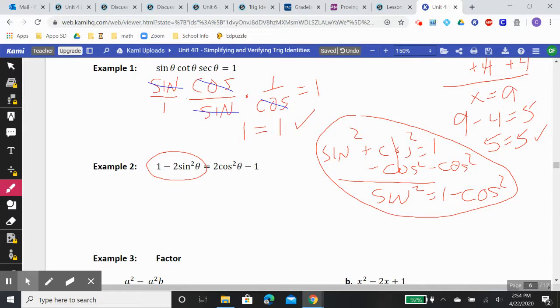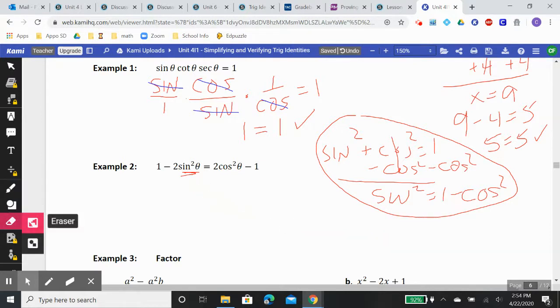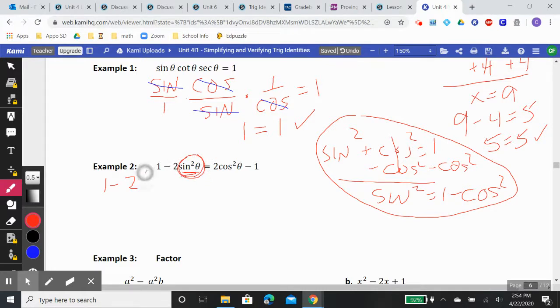So what have we done? We have found that this sine squared right here is going to turn into 1 minus cosine squared. That's what we know. So everything else is still there, meaning we have 1 minus 2, but now my sine squared turns into 1 minus cosine squared.